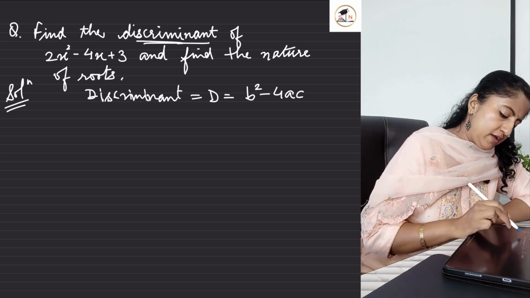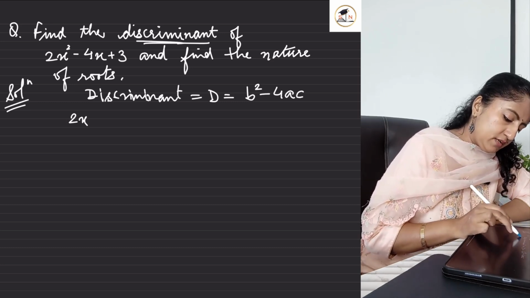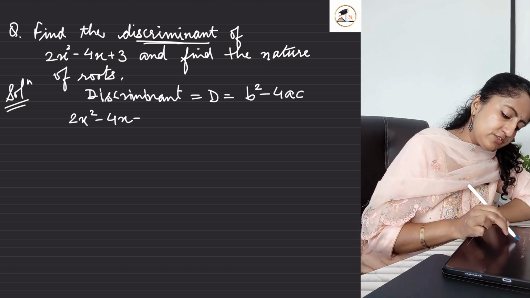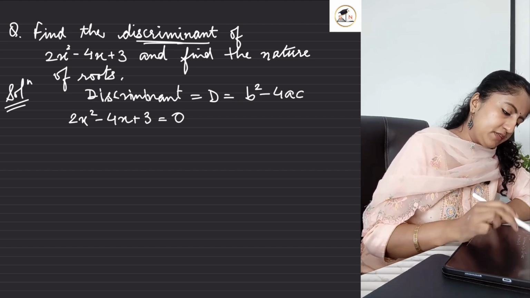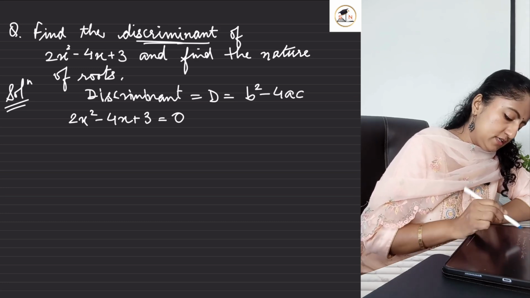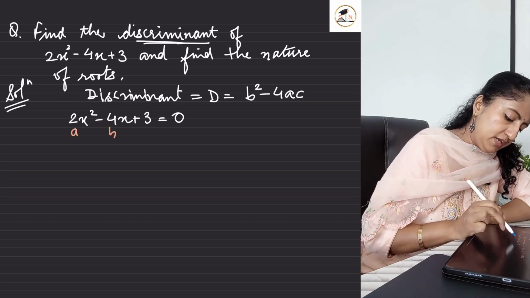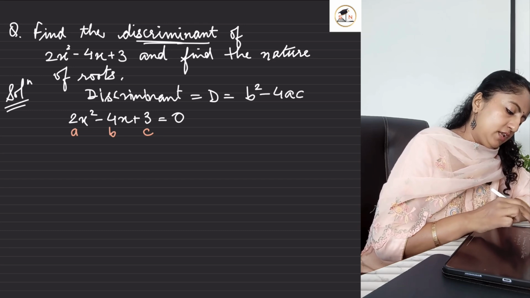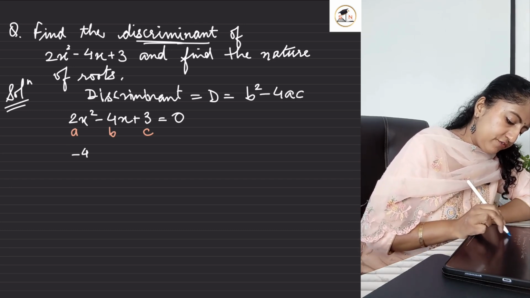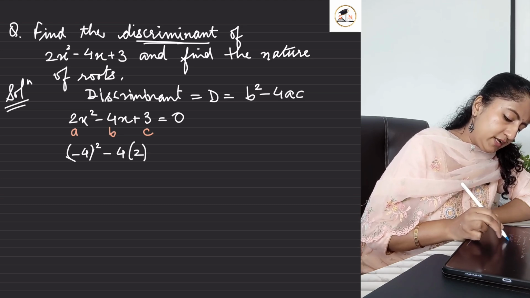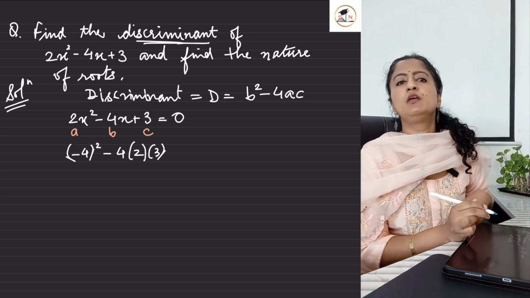Now, this equation is 2x square minus 4x plus 3 equals 0. So what are our a, b, c? I'm just writing it for your reference. Now let's start applying that. So we have minus 4 square minus 4 times 2 times 3.